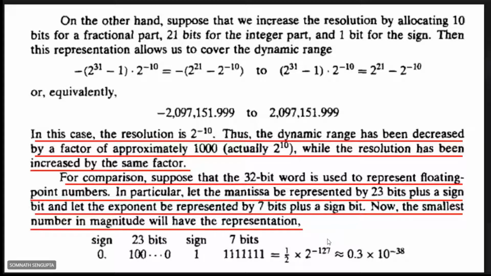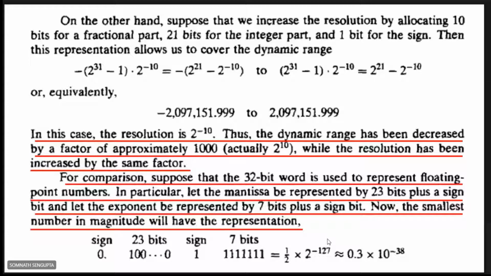So that's why it means the whole value of this exponent. If your number is 1, there are seven ones. So seven ones means 2 to the power 7 minus 1, which is 128 minus 1.